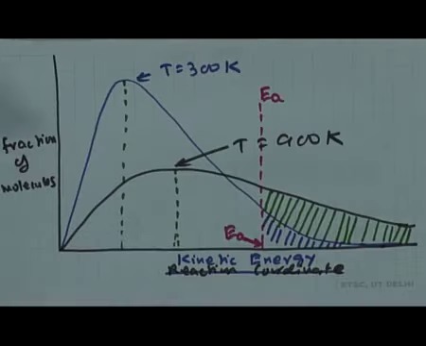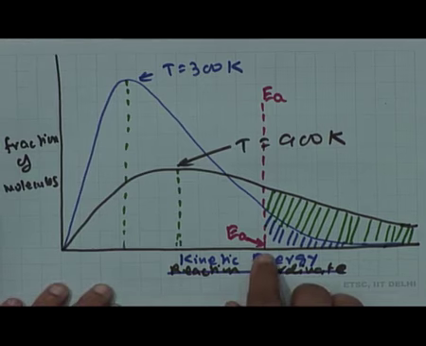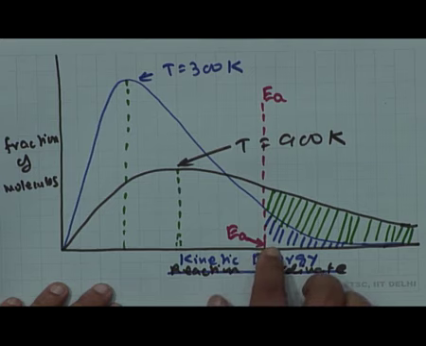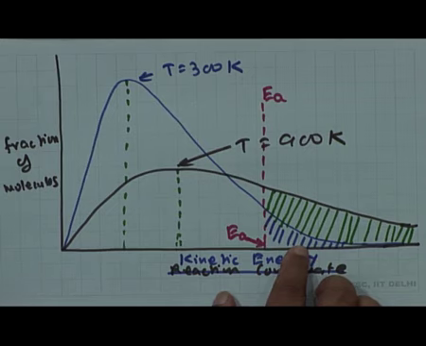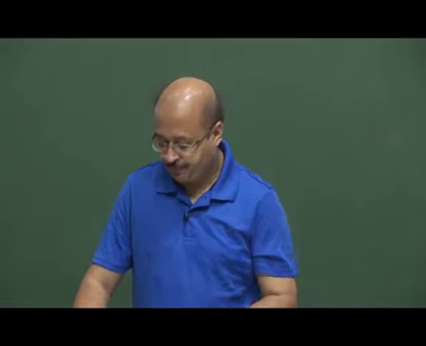Coming back here, if my activation energy is somewhere out here, EA, then all those molecules having energy greater than EA must go over to the product side.